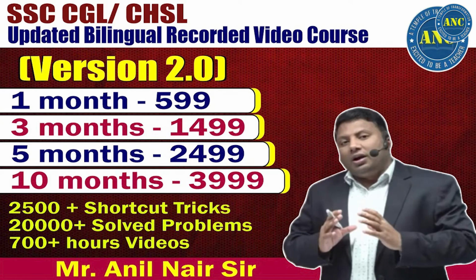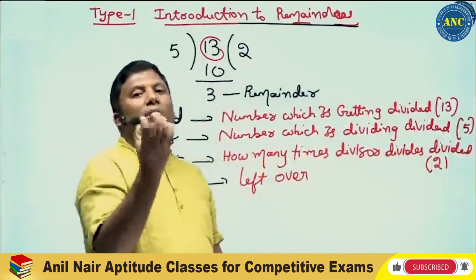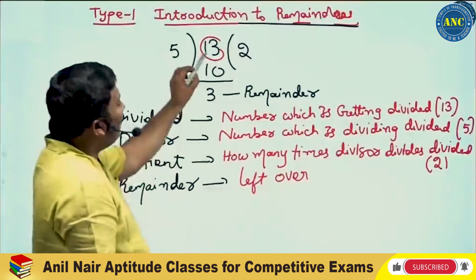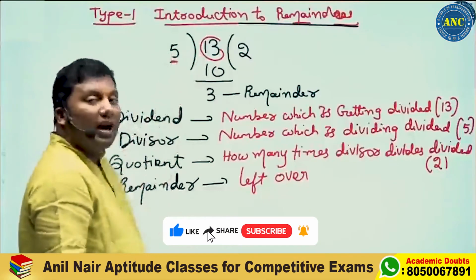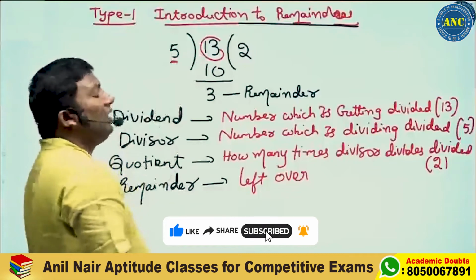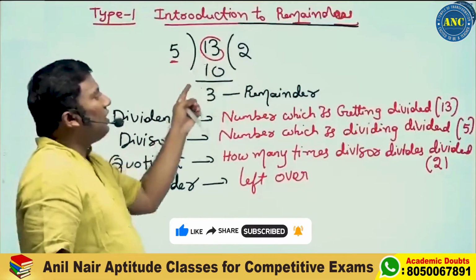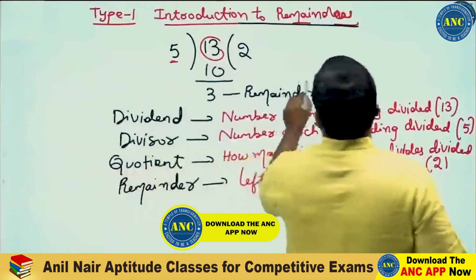How much is leftover? Take a number, whatever number you take, that is the dividend. Divide it by some number, here 5. How many times is it dividing? 5 2s are 10. What is leftover? Leftover is nothing but the remainder.